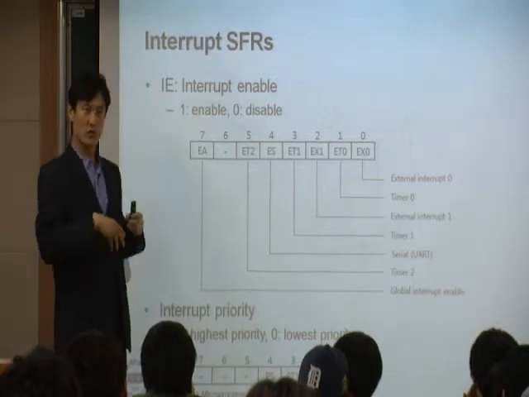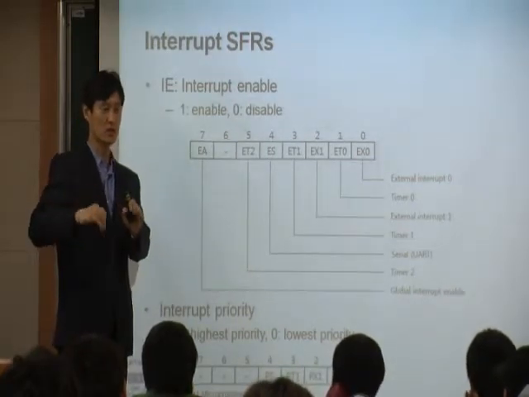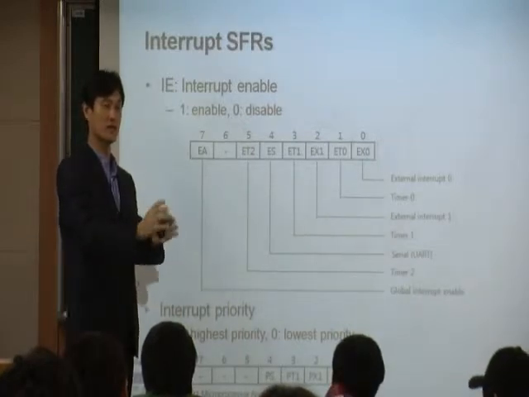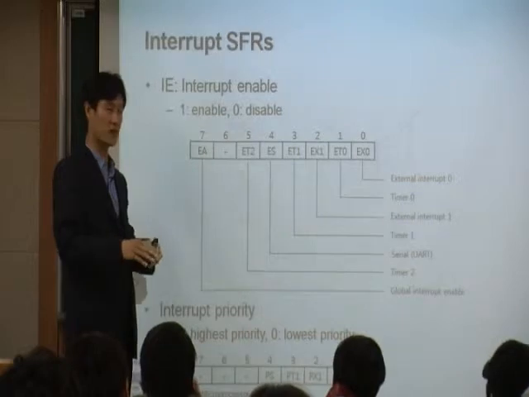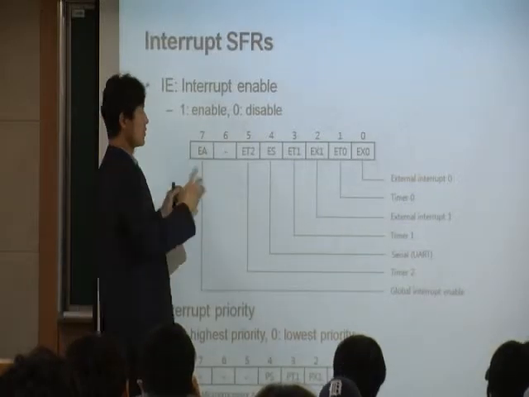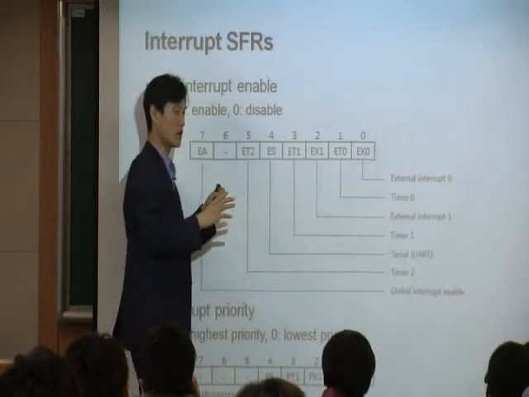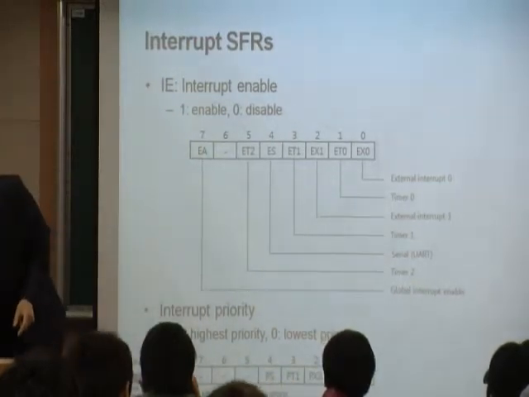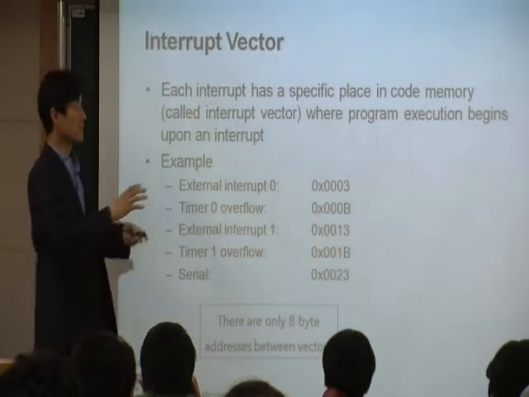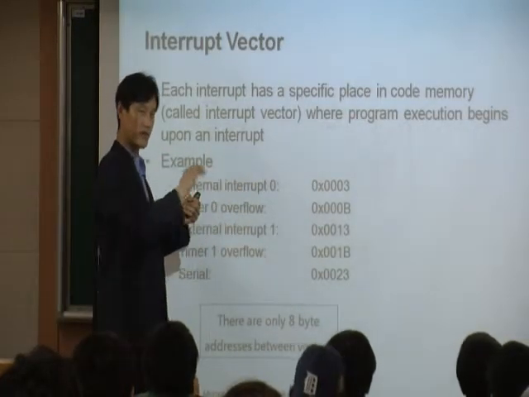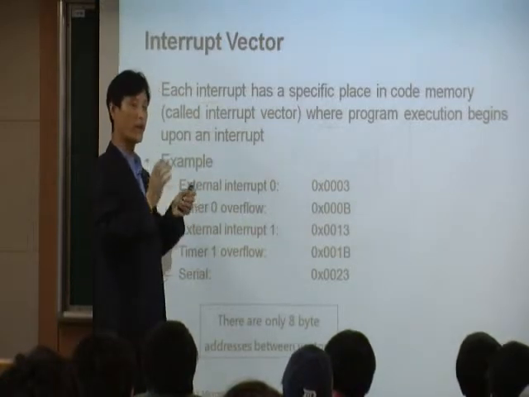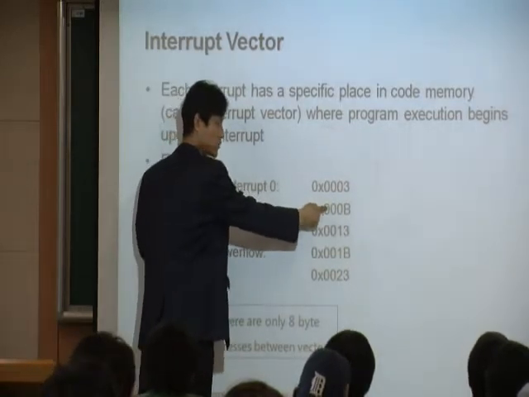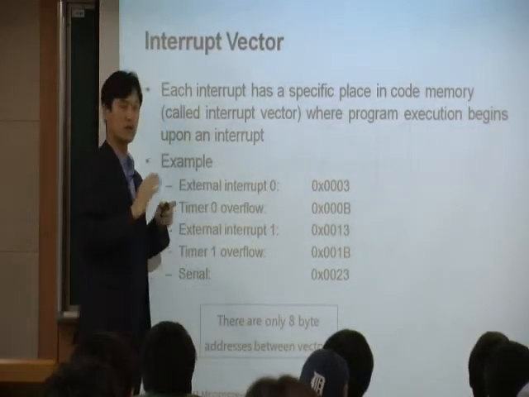Later, you also need to program the other registers to make the timer event occur. We're going to talk about that in a minute. But once you do that, when the timer event occurs, you get the interrupt, and we know we're going to jump to this place, because this is where you jump to when you have this interrupt.